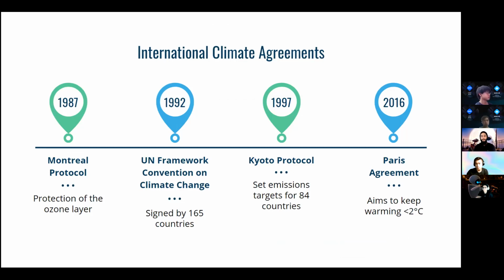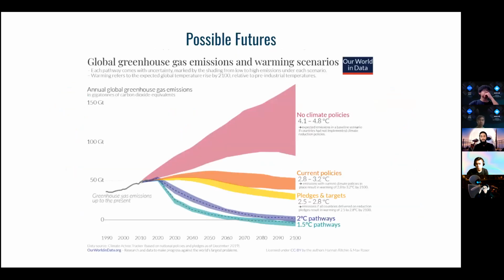Obviously we know that the Earth is warming, and the Paris Agreement wants to make sure that that warming stays below 2 degrees Celsius. In the next slide, we'll see that our current policies lead us toward a 2.8 to 3.2 degrees Celsius increase in temperature.